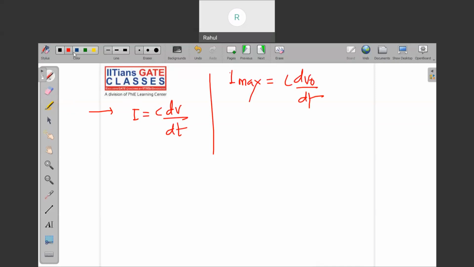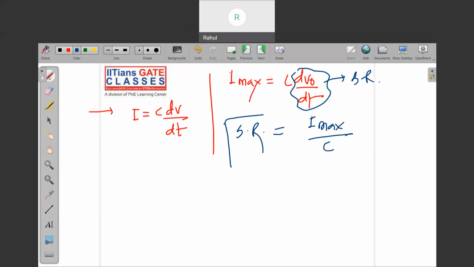So the slew rate can also be defined as I maximum upon the capacitance C. Here you can see if C is increasing, the slew rate will decrease.